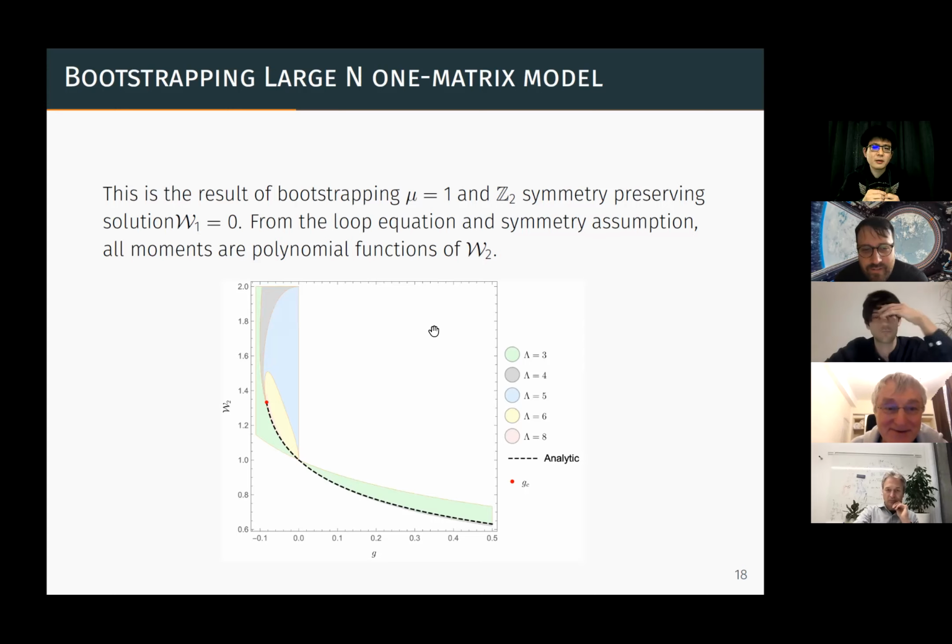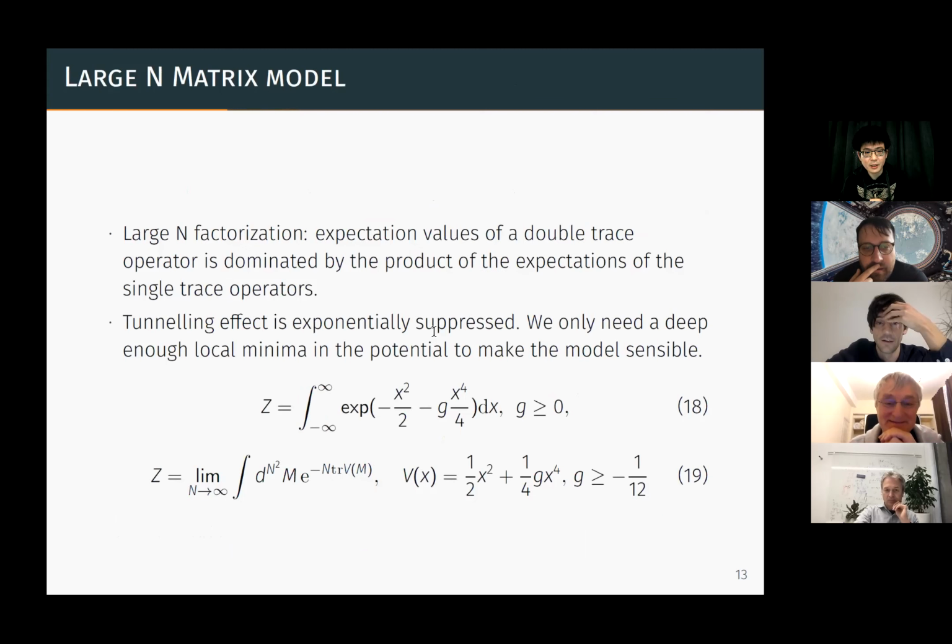No, okay, you go on, but I can also say something. You want to explain, or should I? This is because, as I just explained, for the large N matrix model, the tunneling effect is exponentially suppressed. So if we have a deep enough local minimum, we still have a sensible model.